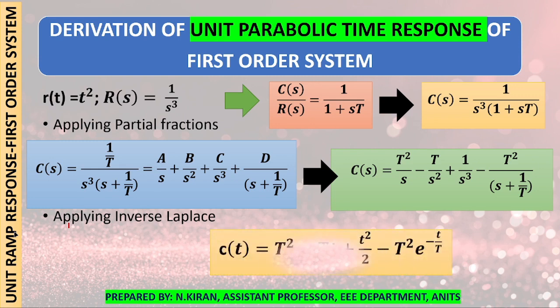So that will give me c(t) as T² (since the inverse Laplace of 1/s is 1), minus T into t (since the inverse Laplace of 1/s² is t), plus t²/2 (since the inverse Laplace of 1/s³ is t²/2), and minus T² into e^(-t/T), because here the inverse Laplace of 1/(s+a) is e^(-at).